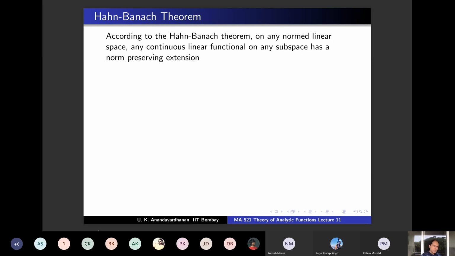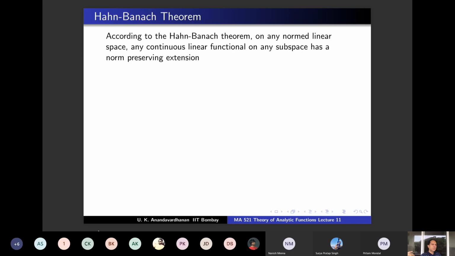The dual space is also a Banach space. The dual space is also a normed linear space. You can put the norm, what is called the operator norm, and therefore you have the norm of a linear functional. So this is a norm-preserving extension. The original linear functional in M star had a norm.